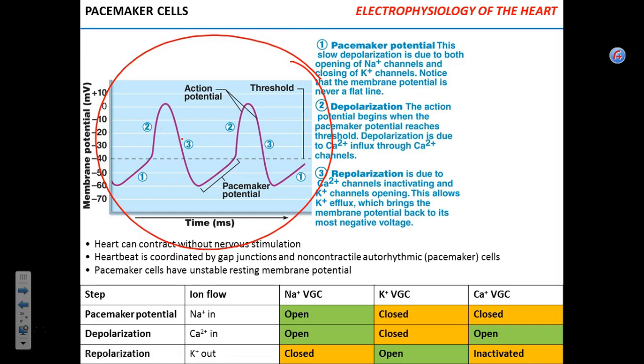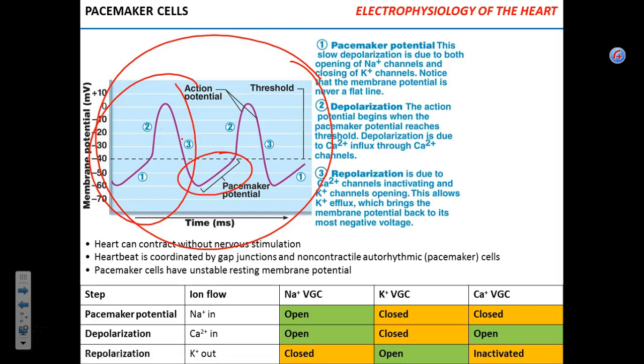And they have this weird looking potential over here. So you see that little incline in the beginning? The pacemaker potential? Pacemaker potential is formed by the leaky sodium channels here.